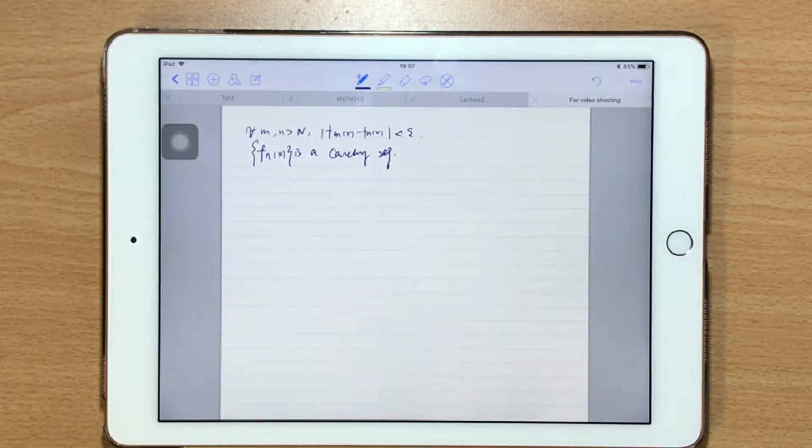I said before that a Cauchy sequence might not necessarily be convergent because the limit function might not be in that set.